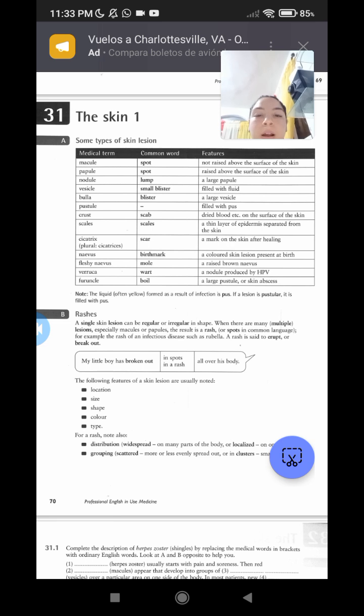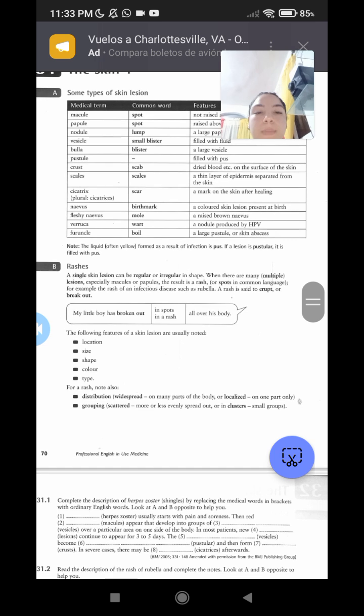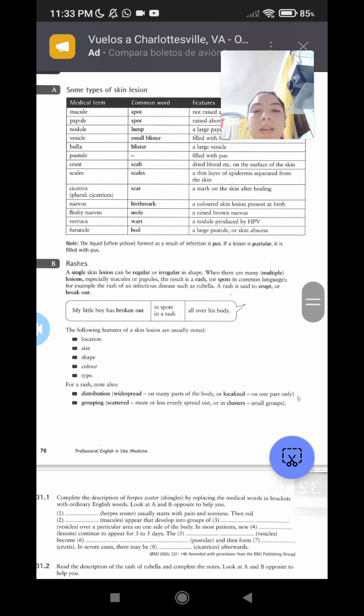Bullae are larger vesicles, blisters. Pustules contain pus. Crusts are dry, formed on the surface of the skin. Scales are thin layers of epidermis separating from the skin.